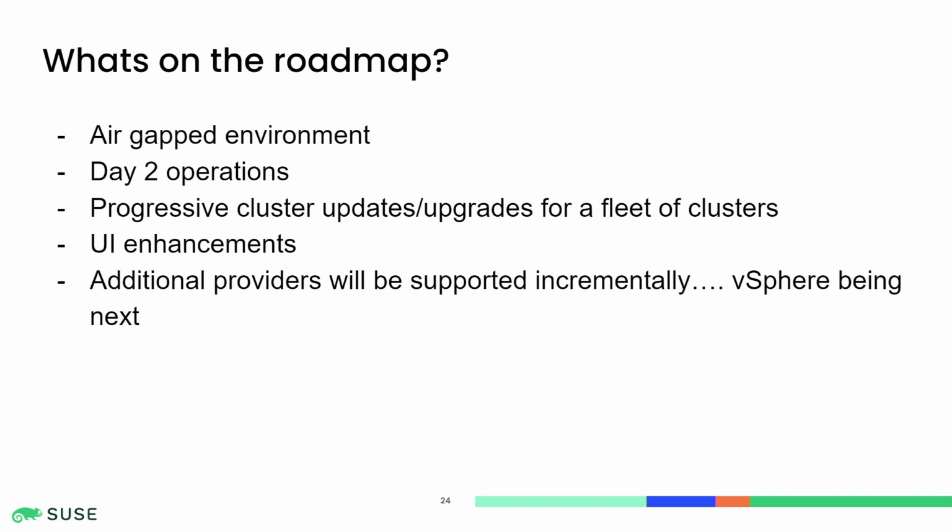And we are working with the UI team on UI enhancements. As you saw, it's still experimental, but it's growing and getting in a better shape. And also providers, basically additional providers that are supported by CAPI. We are planning to incrementally extend the list. Once we test this out and have confidence in these things, coverage and vSphere are next.